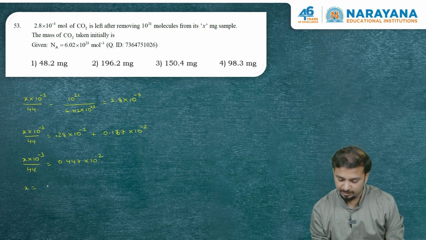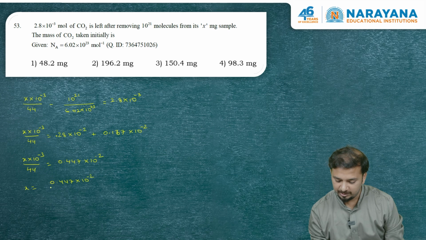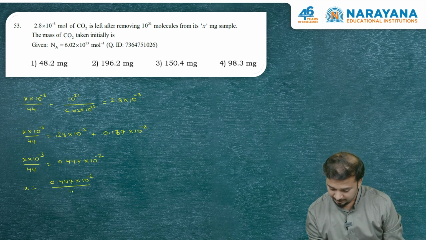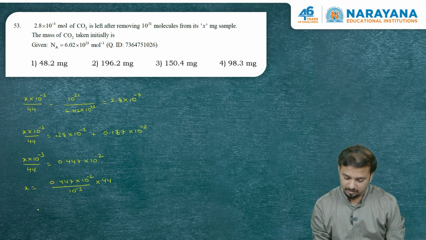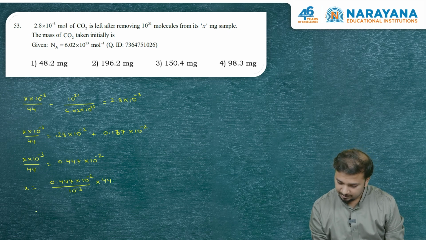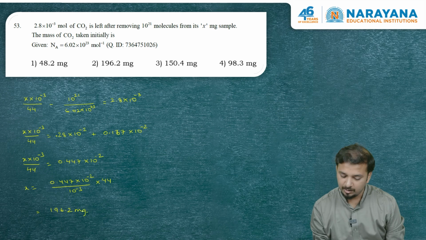So x will be equal to 0.447 into 10 raised to the power minus 2 upon 10 raised to the power minus 3 into 44. So on solving this, we'll get 196.2 milligram.